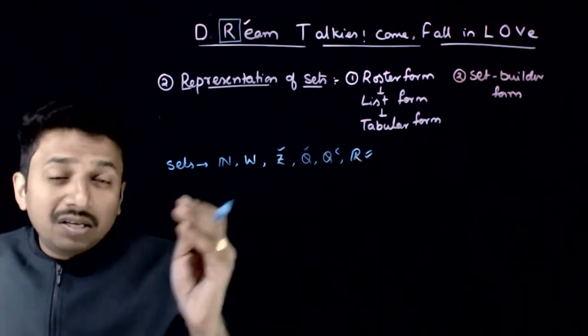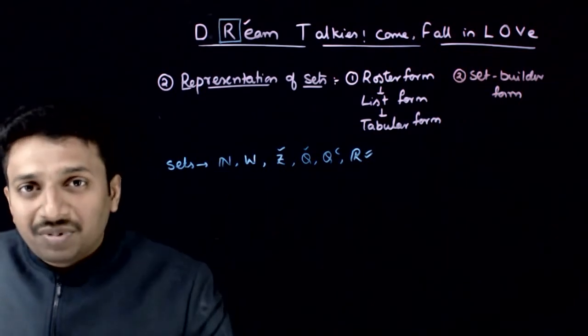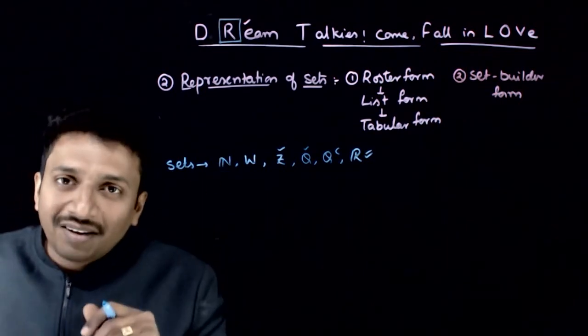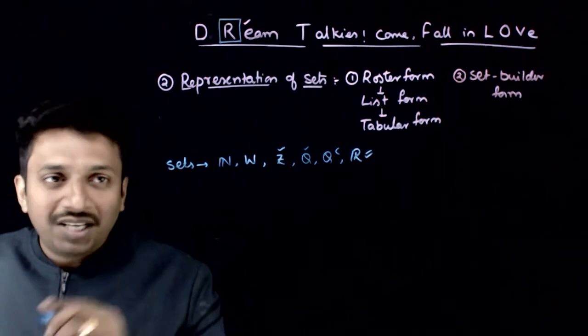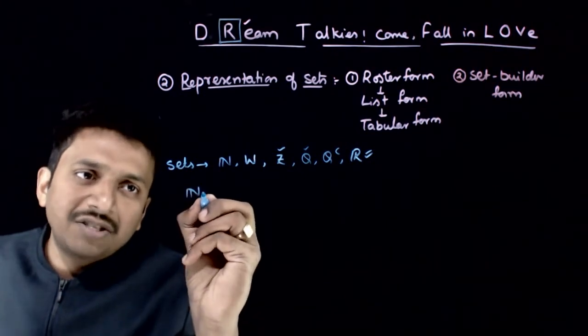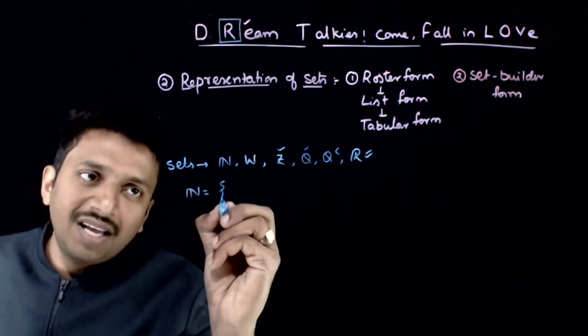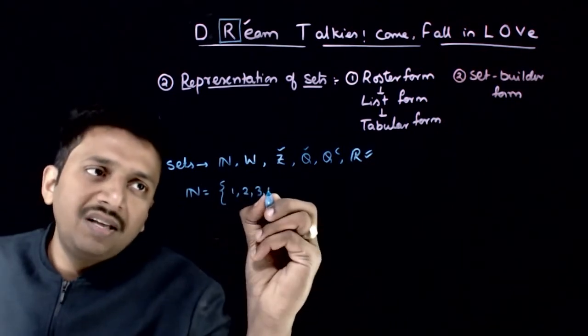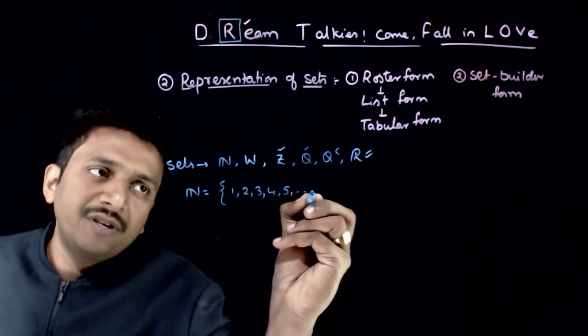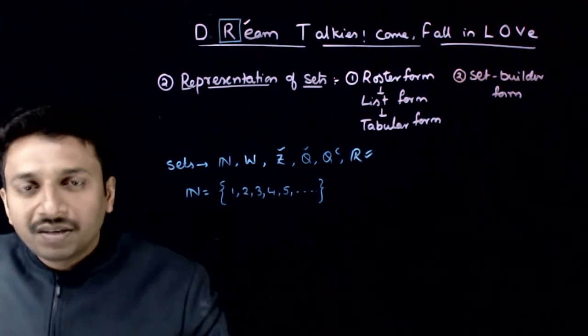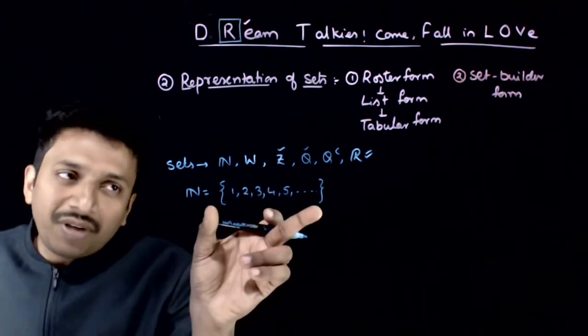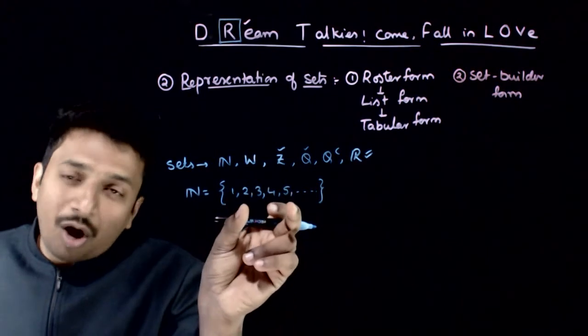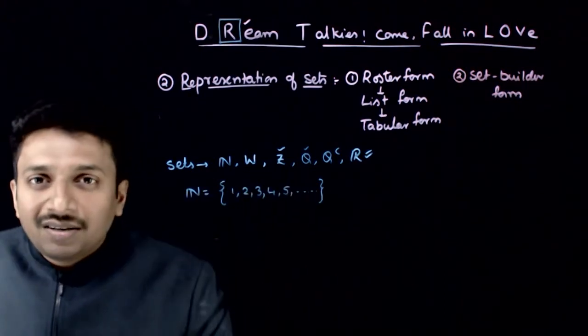Now, how can we represent these natural numbers? You know what natural numbers are, so how can you write the set of natural numbers? The set of natural numbers can be written as, in a flower bracket, 1, 2, 3, 4, 5, so on. In this representation, we have enclosed the objects of this set in a flower bracket.